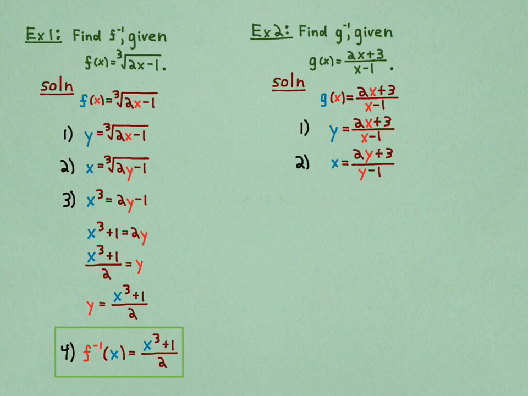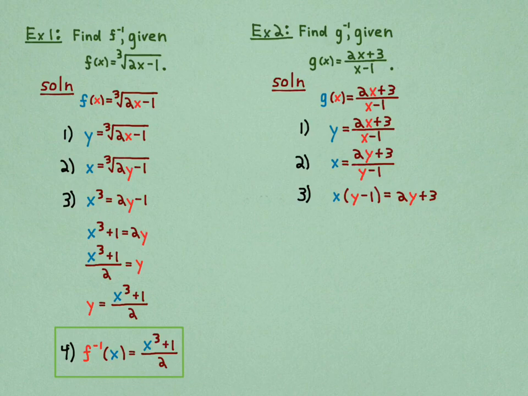So first I need to cross multiply here. This factor of the denominator, y minus 1, goes over here, but you'll need parentheses around the y minus 1, right? So that you know that's a factor of the left side when you're done. So you do that, and you get x times the quantity y minus 1 equals 2y plus 3.